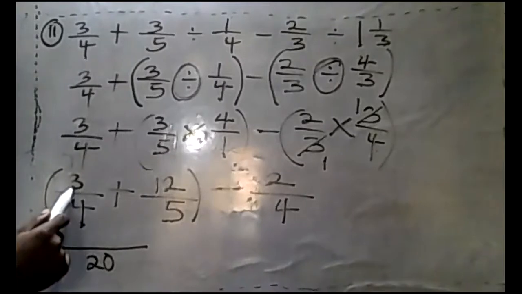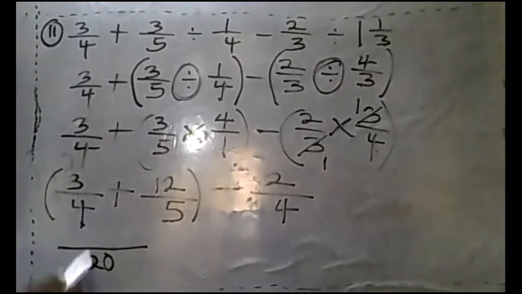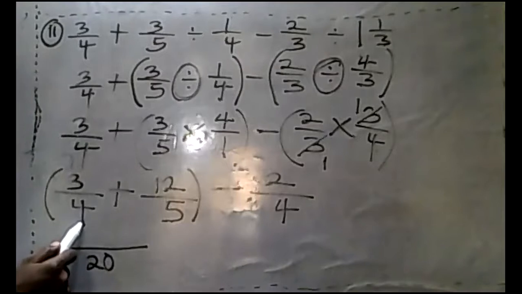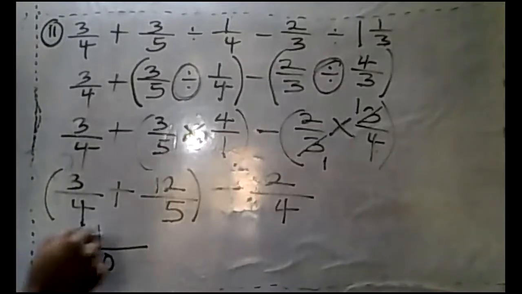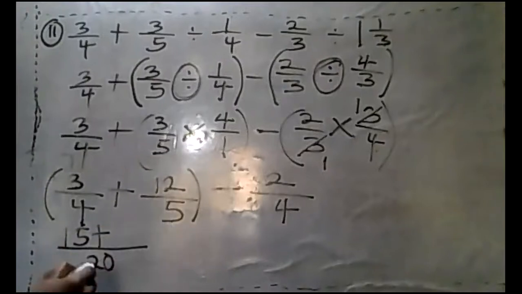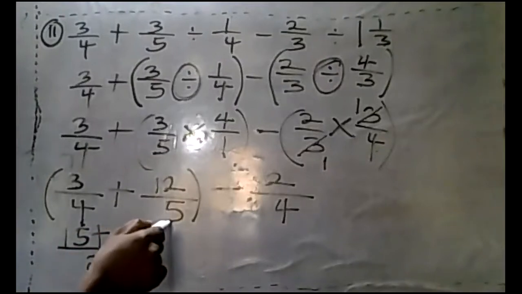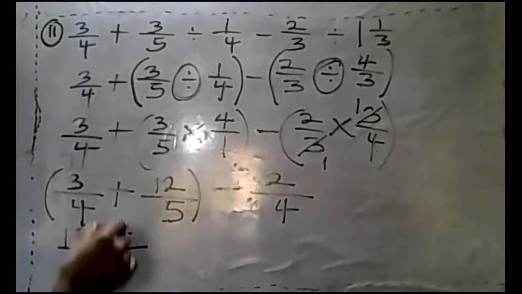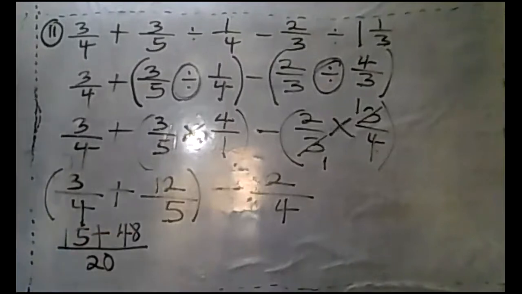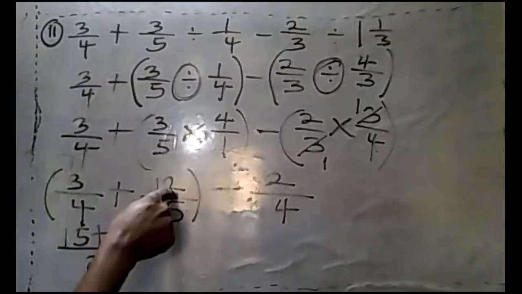So you say LCM divided by denominator, answer times numerator. 20 divided by 4 is 5, 5 times 3 is 15, plus 20 divided by 5 is 4, 4 times 12 is 48.